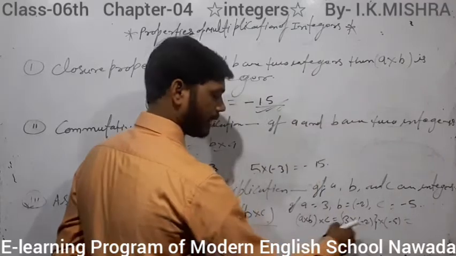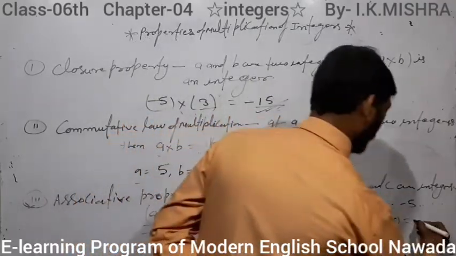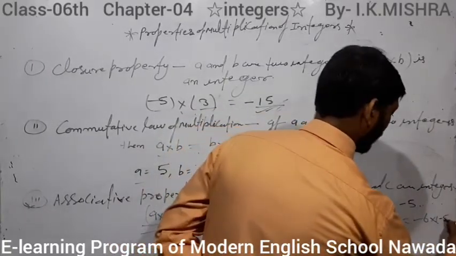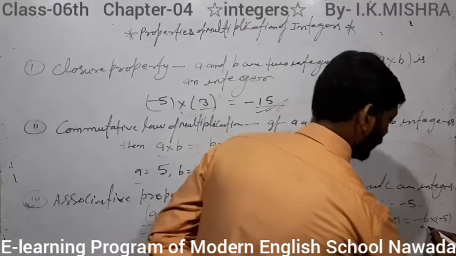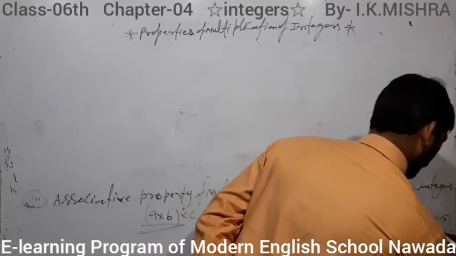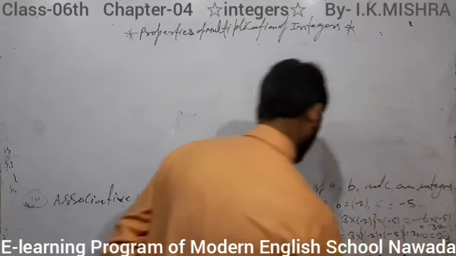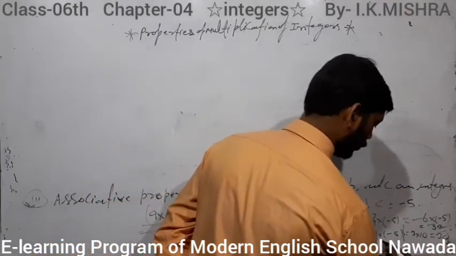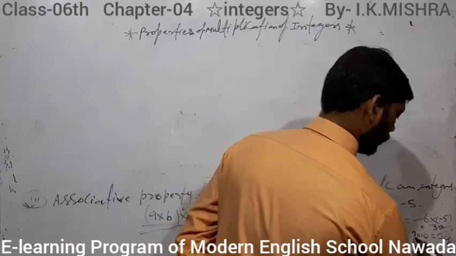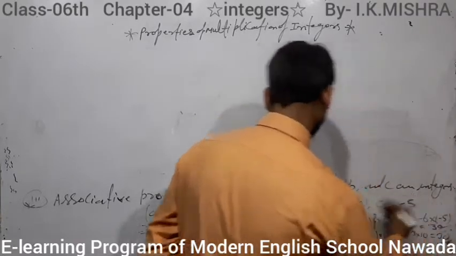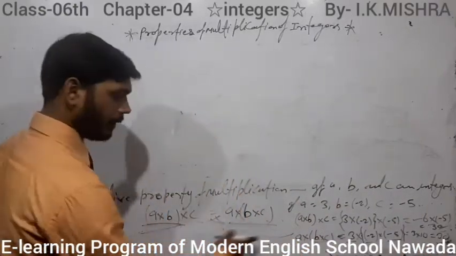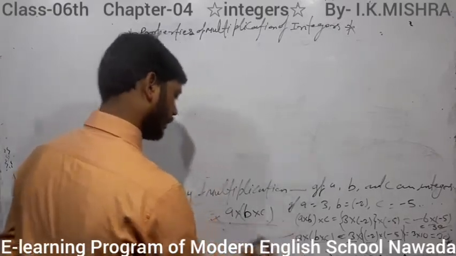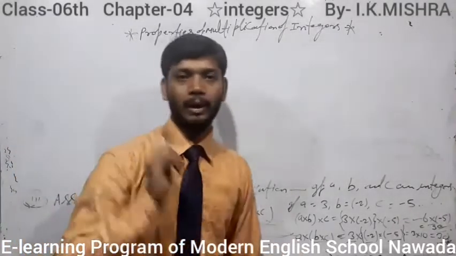Here students, when you first multiply this, the result is equal to -6. 3 into -2 is -6, then into -5, its value will be 30. Now a into (b into c) is equal to 3 into (-2 into -5), which is 3 into 10, equal to 30. So students, here (a into b) into c is equal to a into (b into c). So clear students, associative property of multiplication.